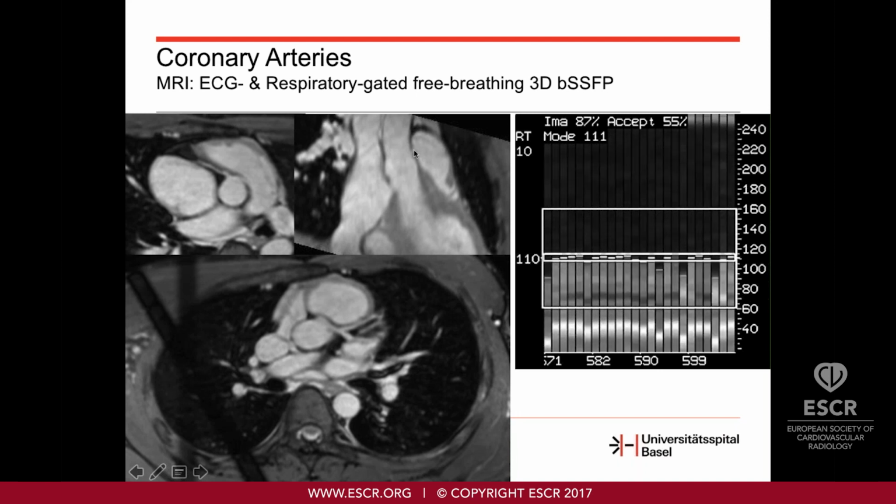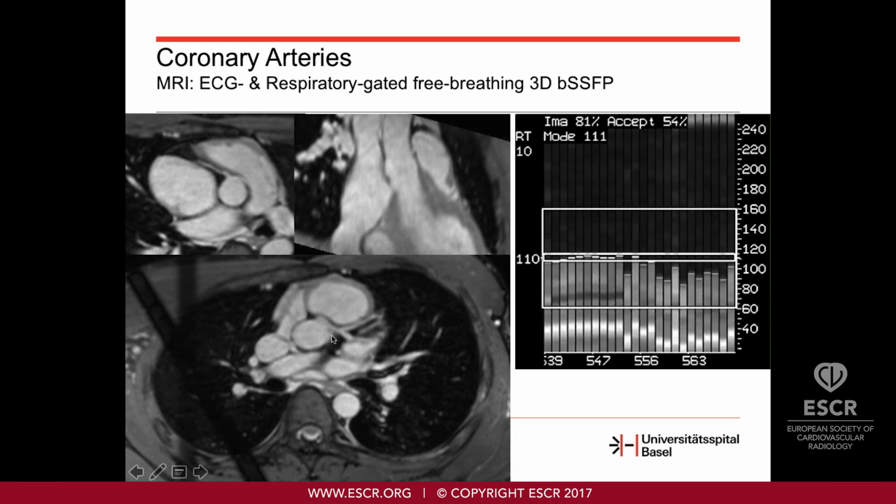You see the aorta and normal origin of the right coronary artery arising from the right coronary cusp. However, when you look here, the left main coronary artery arises also from the right coronary cusp. So abnormal origin of the left main coronary artery, which is contained within the wall of the aorta.